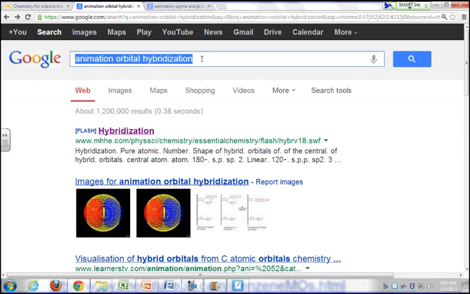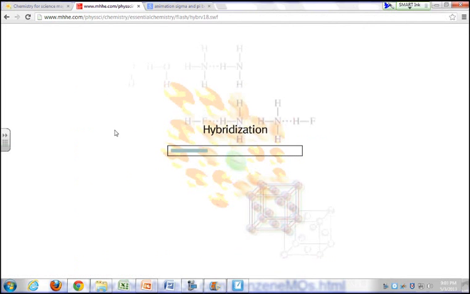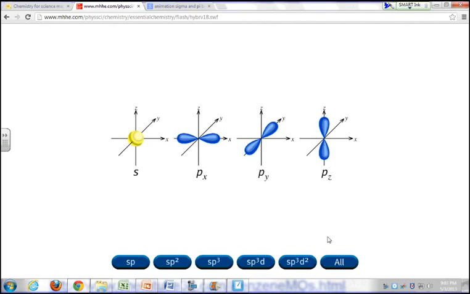If you go to Google, just type the words animation orbital hybridization, and it's probably the first link that will show up in your search. It's one of the best ones out there. If you click on this hybridization link, it will take you to that website, which explains how, in the 1930s, the concept of hybridization was introduced to explain chemical bond formation.